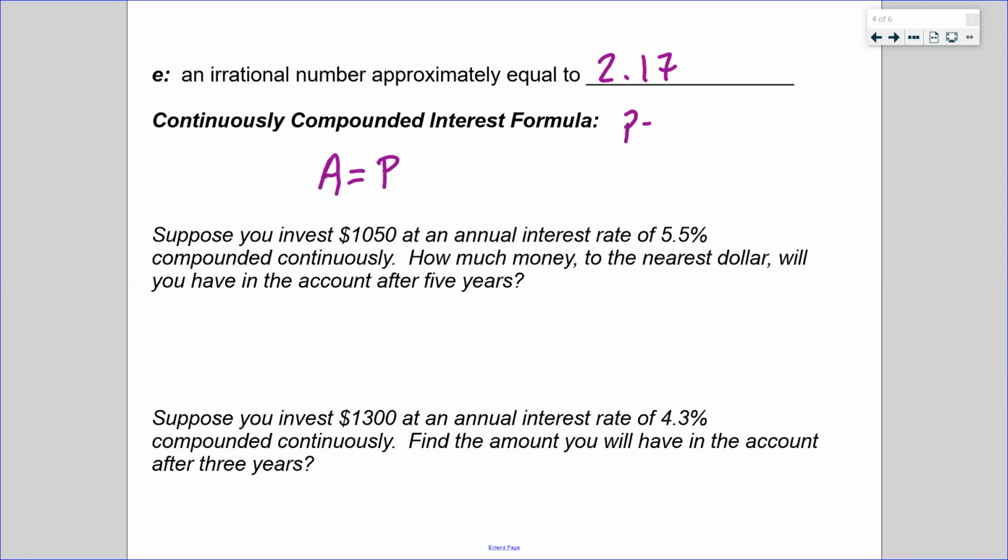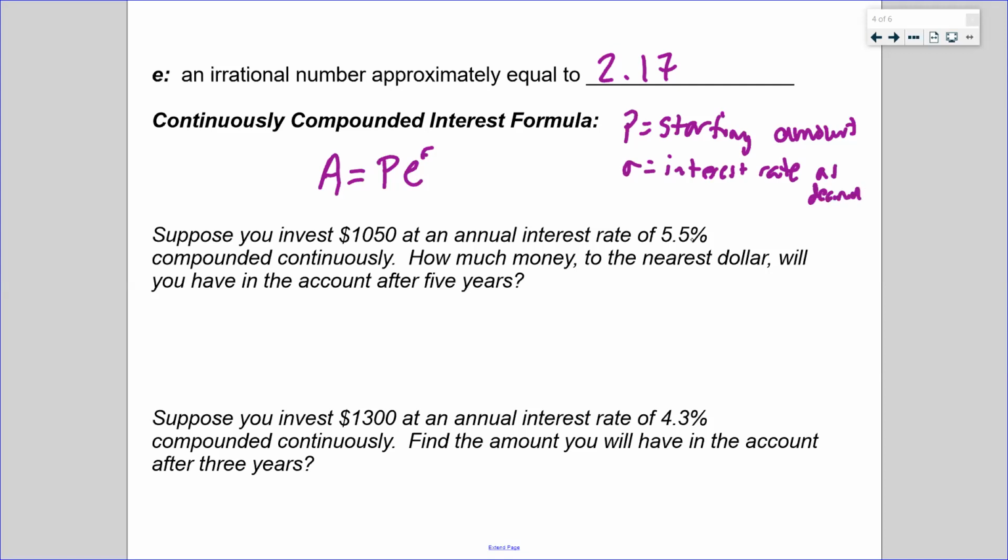So P is the starting amount. E is this number, about 2.7. And then R, the rate. So R is the interest rate, as a decimal.